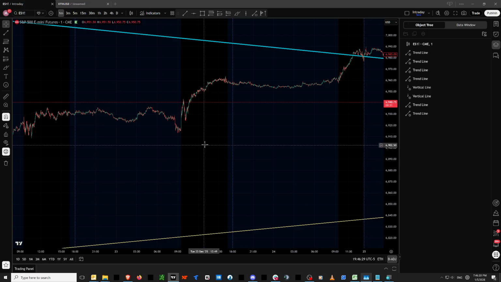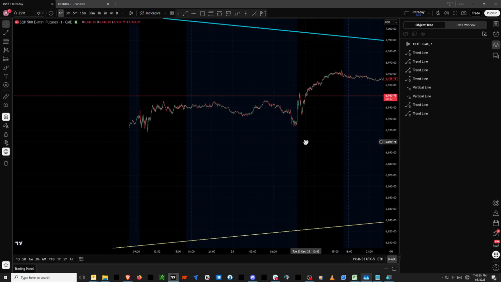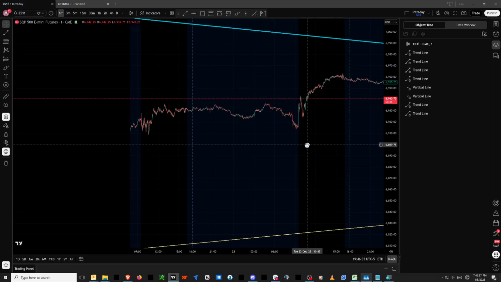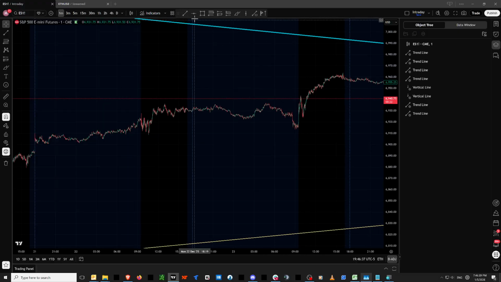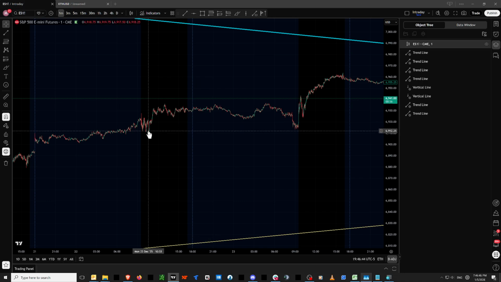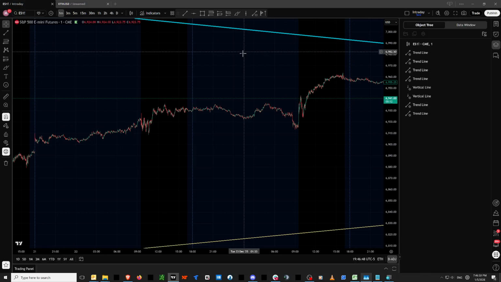But y'all would agree that maybe it's somewhere around, let's just put these two trend lines here to here, which would put it right about here, about the middle of those two trend lines. And there you go, right there. Okay.